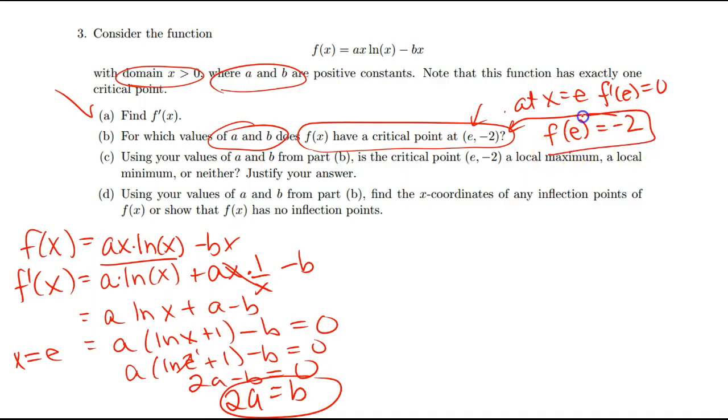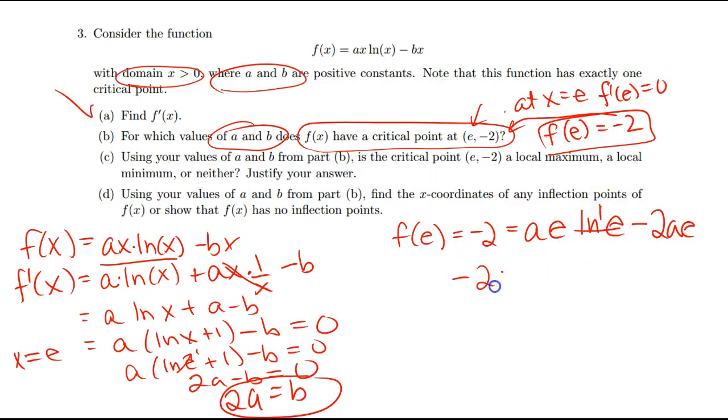So let's take the original at e. So f of e has to be negative 2, right? So it's a times e, ln of e, minus b, we said is 2a times e, which is x. Okay, ln of e is 1.